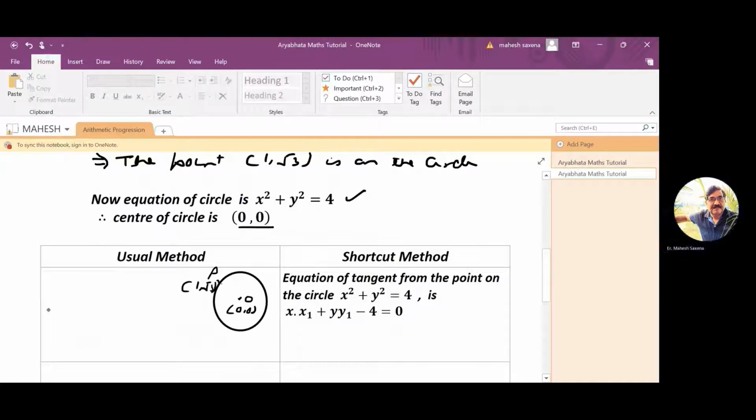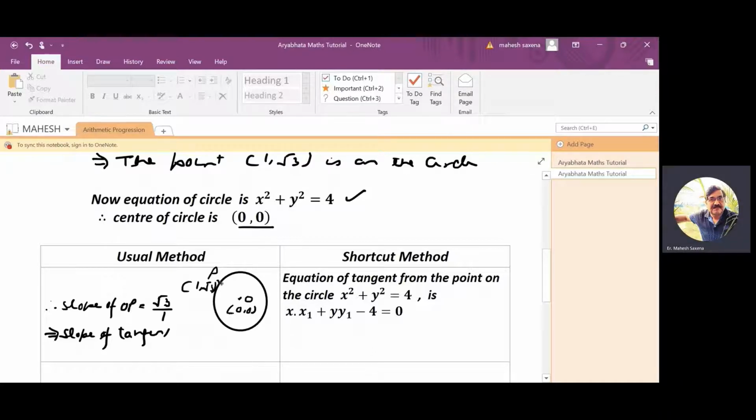Therefore, slope of OP is equal to root 3 upon 1. Implies that slope of tangent, which is perpendicular to the line OP, is minus 1 upon root 3.